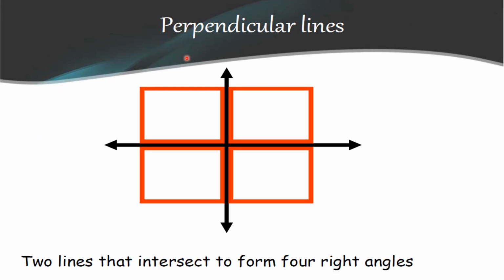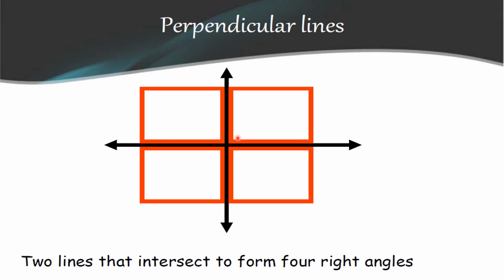Now come to the next point, that is perpendicular lines. What is meant by perpendicular lines? Two lines that intersect to form four right angles. See here, this is one straight line and this is another straight line. They are crossing each other. Then how many angles are formed? Four angles.